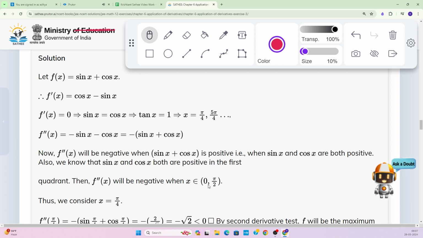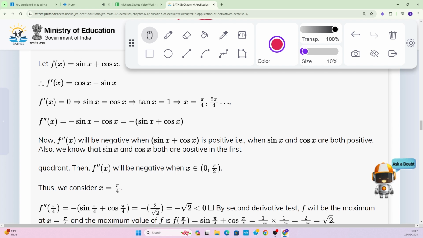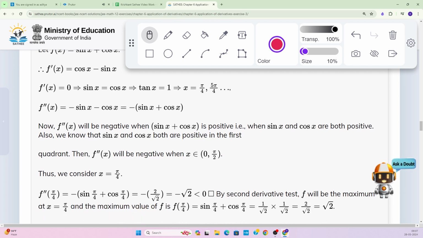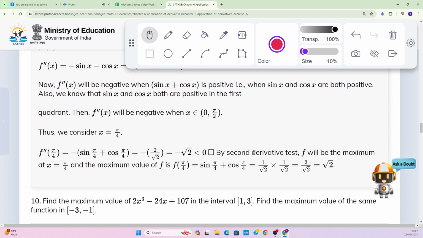This means if x belongs to 0 to pi by 2, you will get f double prime negative. Negative means the maximum value. So this means you will have x equals pi by 4, the maxima. At this point you will get the maximum, because pi by 4 belongs to the first quadrant. Clear? So we use the second derivative test.